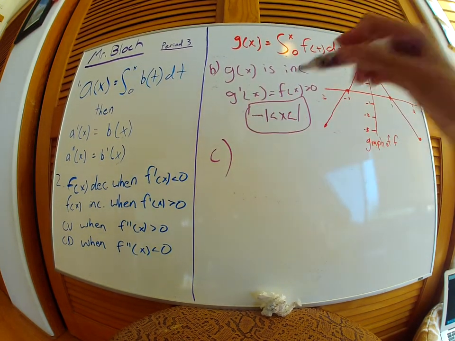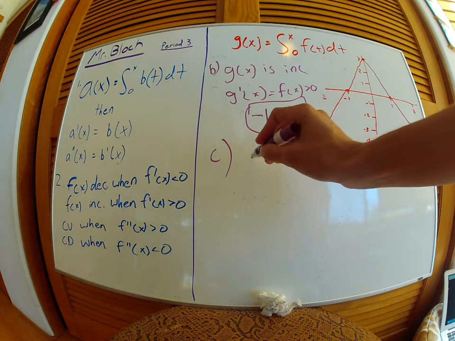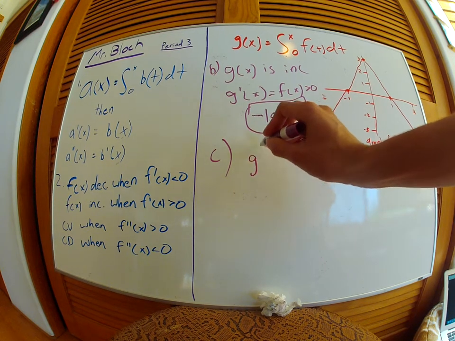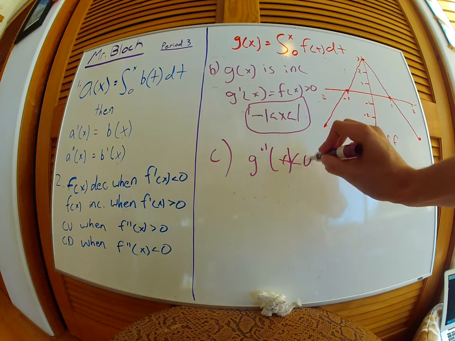Let's move on to C. C is asking us, for what values of x in the open interval negative 2 to 2 is the graph of g concave down? Explain your reasoning. As we figured out before, concave down is when g double prime of x is less than 0.